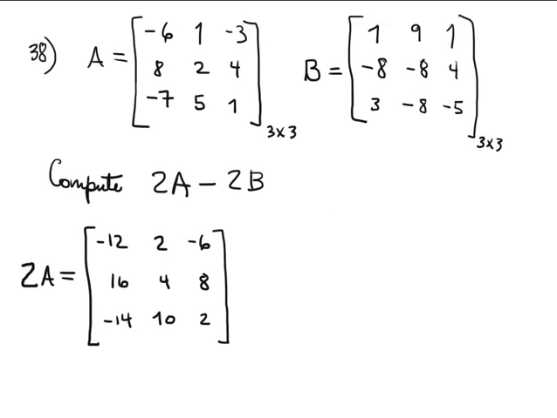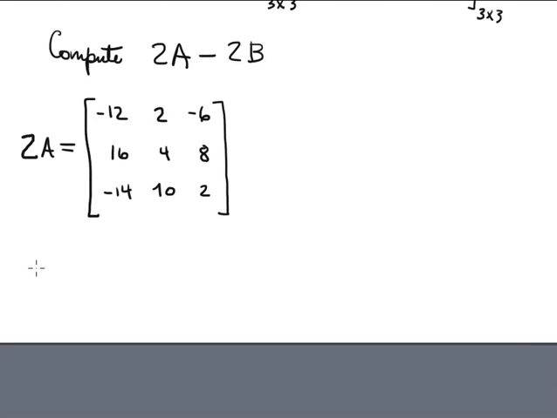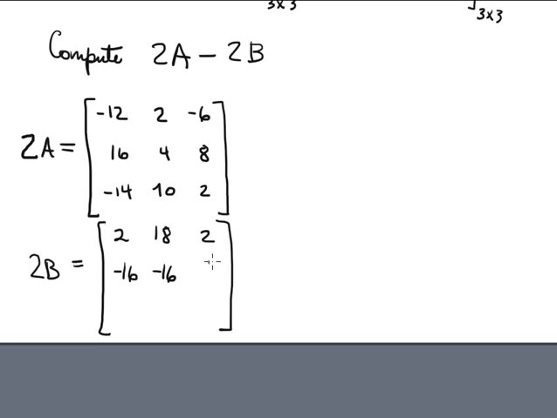And then 2B. 2B is multiplication by 2 again, but of the matrix B. When you multiply by 2, the entries are 2, 18, 2, negative 16, negative 16, 8, 6, negative 16, and negative 10.